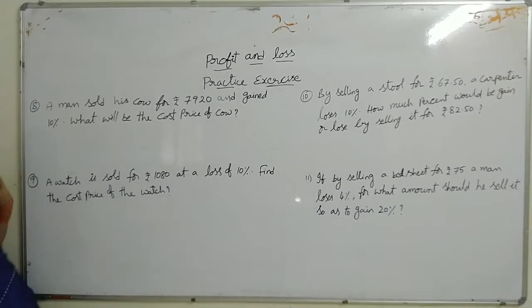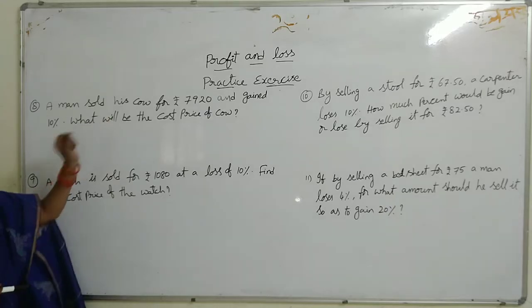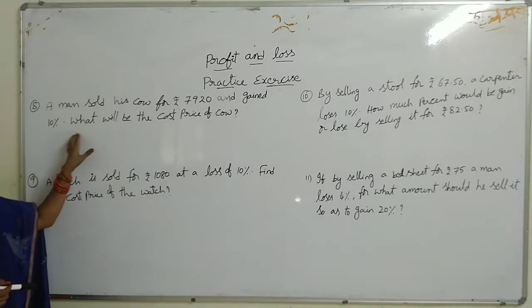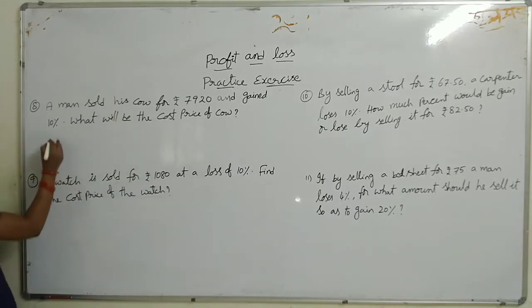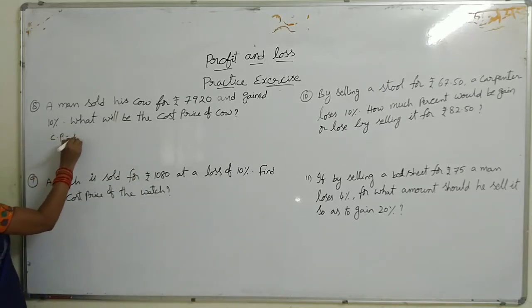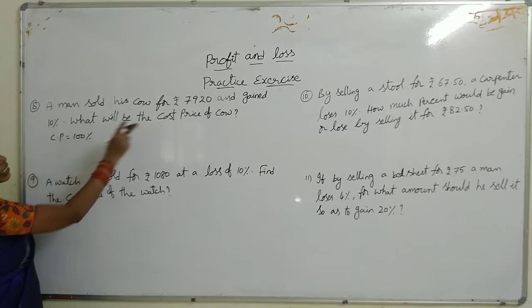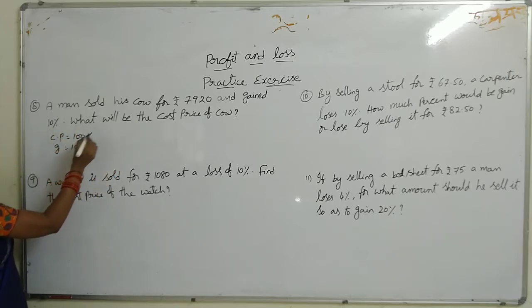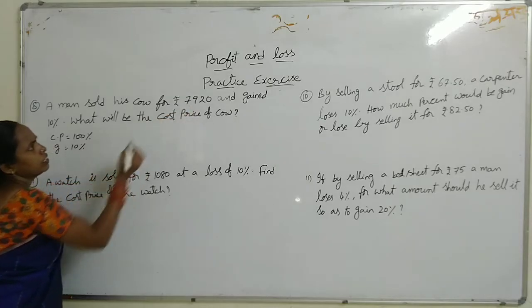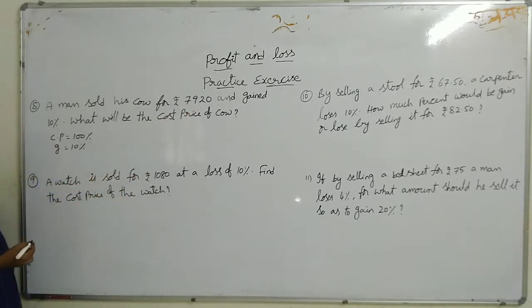Question number 8. A man sold his cow for 7,920 rupees and gained 10%. What will be the cost price of the cow? So cost price always be 100%. And here gain percent is given, that is 10%. And SP value also given, that is 7,920.